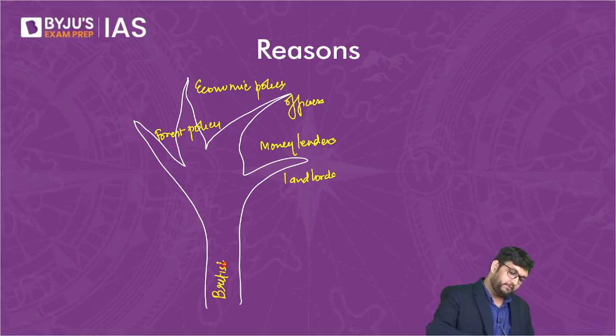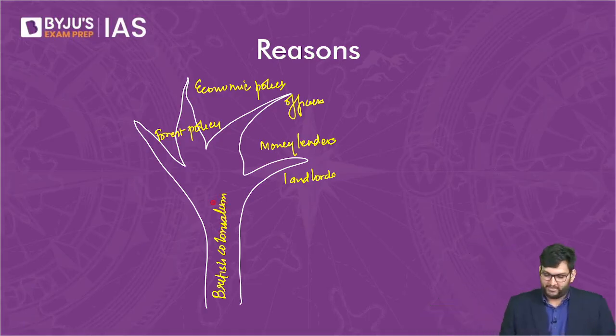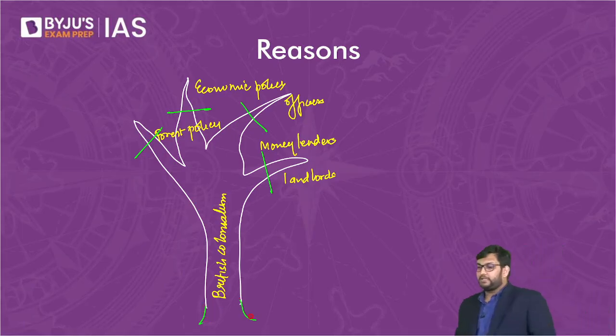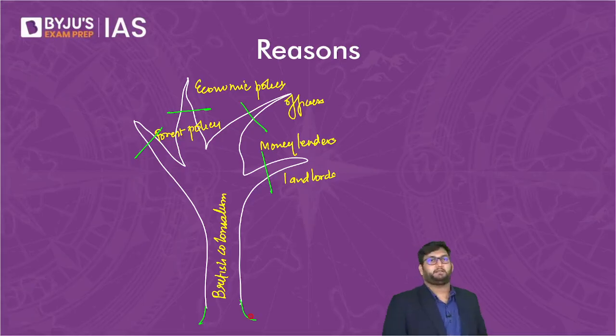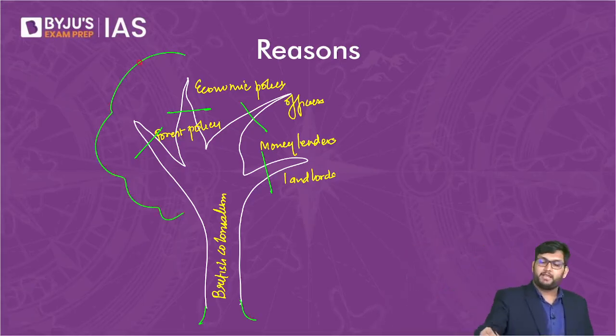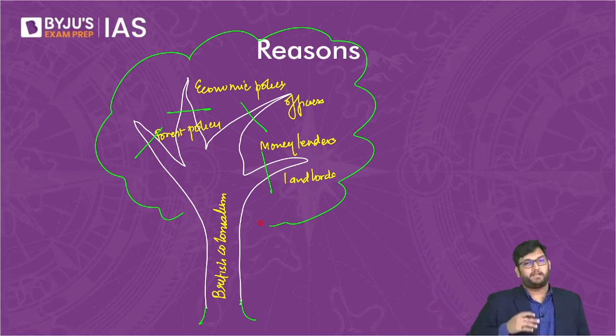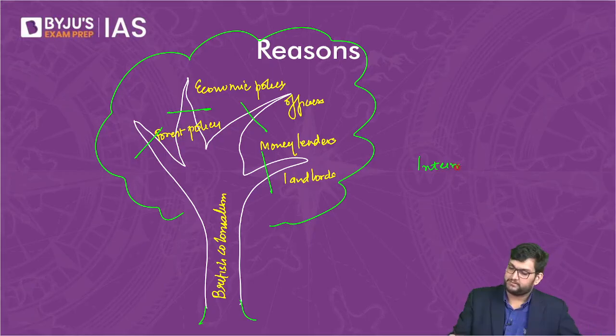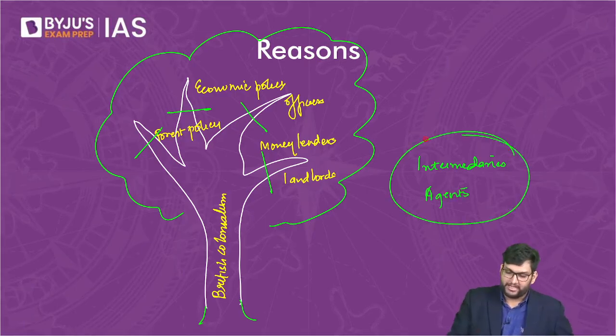Most of them are trying to chop this off. But if the main source is going to remain, it will not work, because in this tree of colonialism, cutting off a branch is not going to work. They are going after the intermediaries or the agents, not colonialism itself.